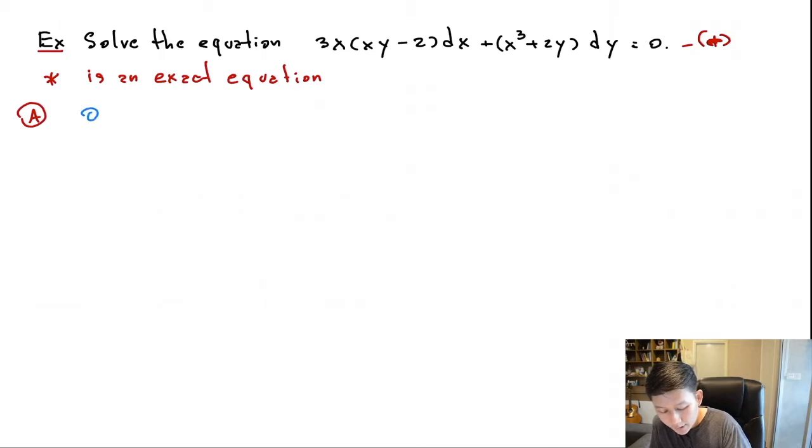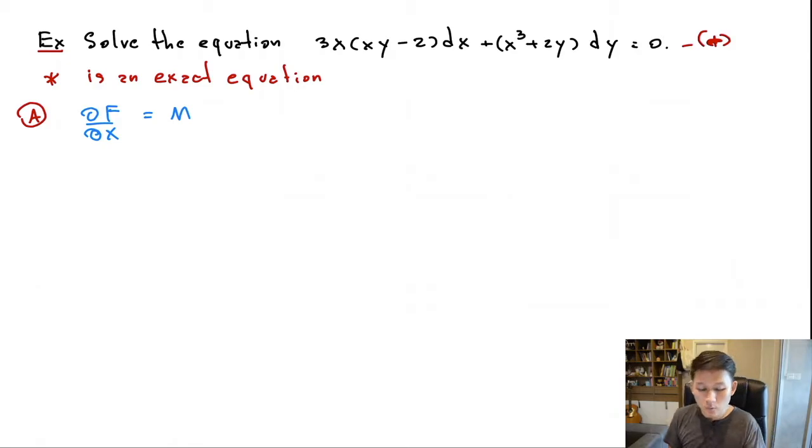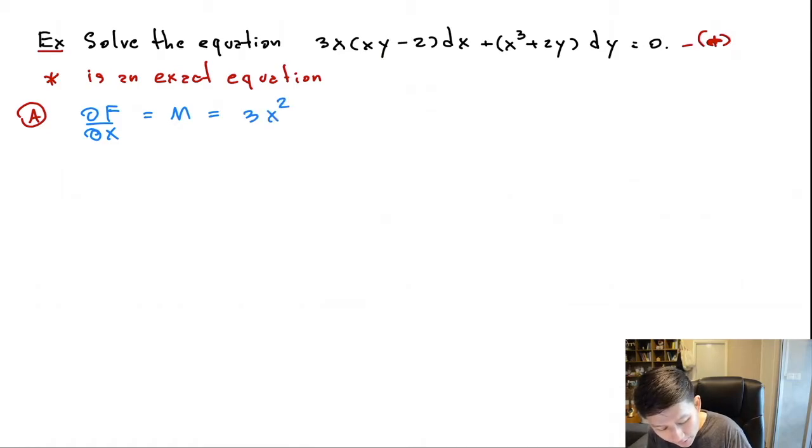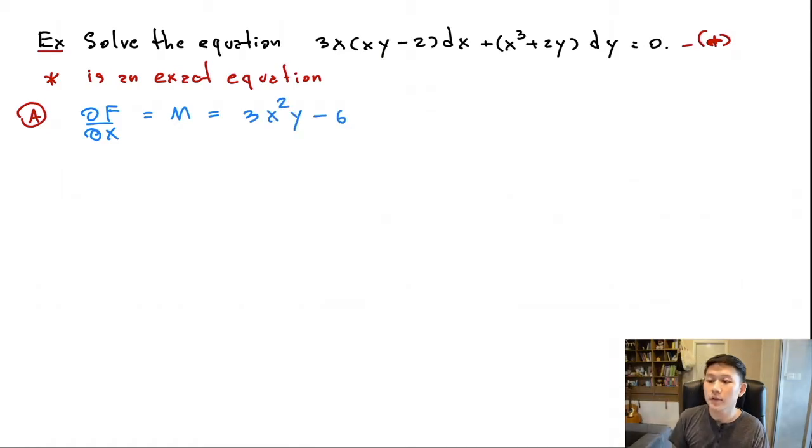df/dx = M. But what is M? M is just this, 3x squared y minus 6x. So first, what would you do?